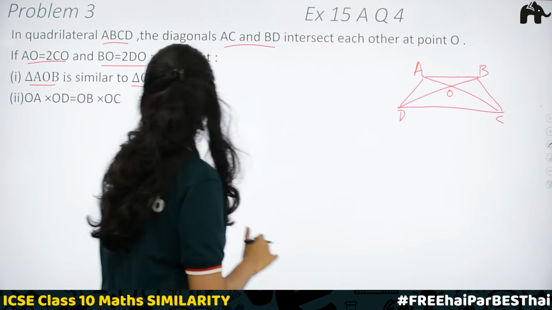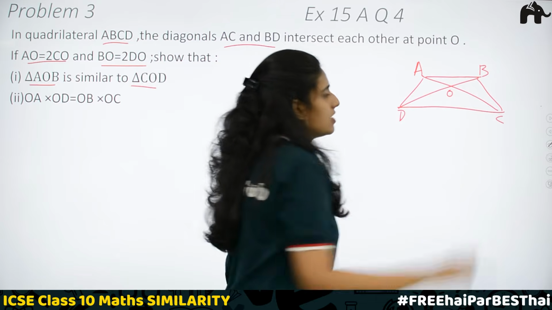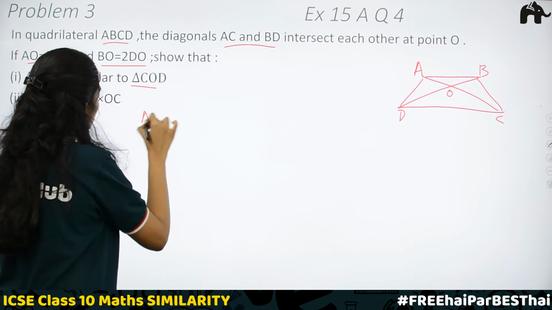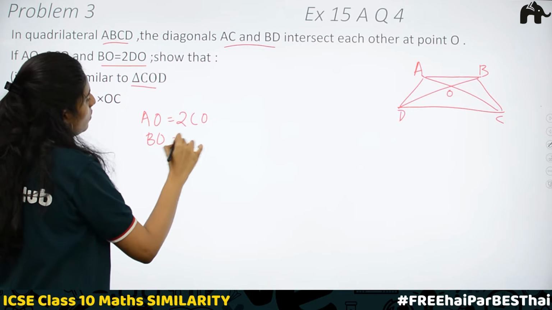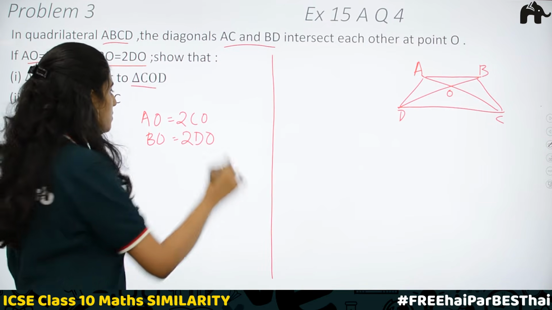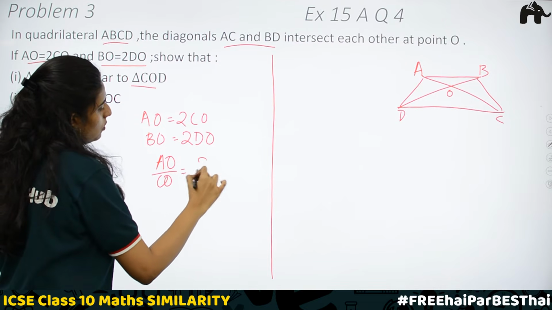We have to show in the first question that triangle AOB and triangle COD are similar. What else is given? We have AO is equal to 2 times CO and BO is equal to 2 times DO. From this, I can write AO by CO is equal to 2 by 1.